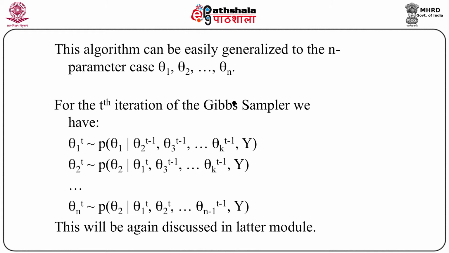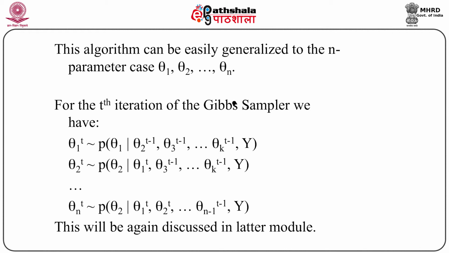This algorithm can be easily generalized to the n parameter case, theta 1, theta 2 up to theta n. For the tth iteration of the Gibbs sampler, we have theta 1 superscript t is a sample from, or a draw from, theta 1 given theta 2 t minus 1, theta 3 t minus 1 up to theta k t minus 1, y.